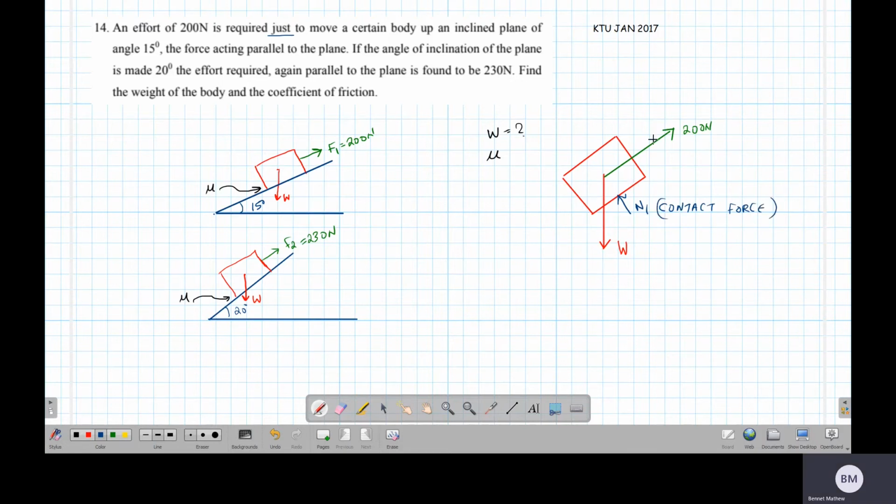Now we have a friction force. What is the direction of the friction force? This body will move upward, so the friction force will always act in the opposite direction on the surface. The value of the friction force will be mu times the contact force N. So we have drawn all the forces on the body in this diagram.